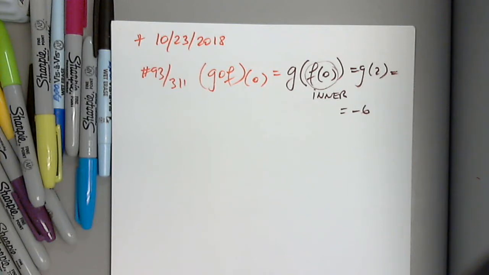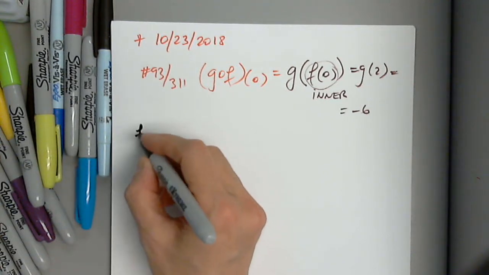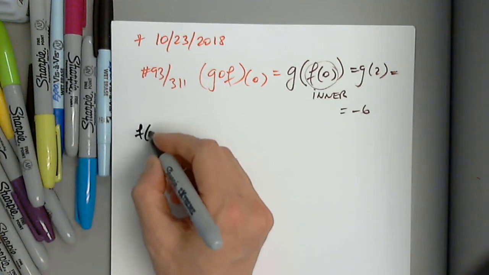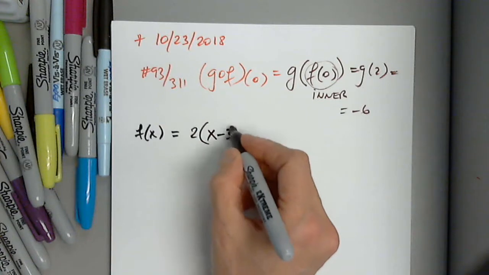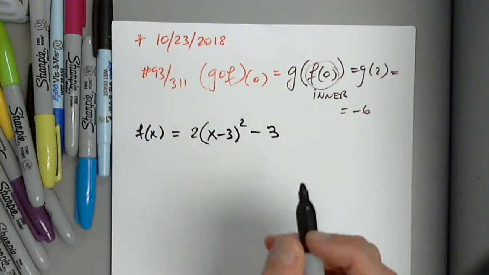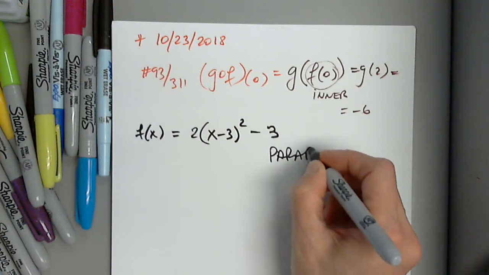Yes. It's from my lab. F of x equals 2 times (x minus 3) squared minus 3. It's the circle. This is the parabola. Yes, that is the problem.